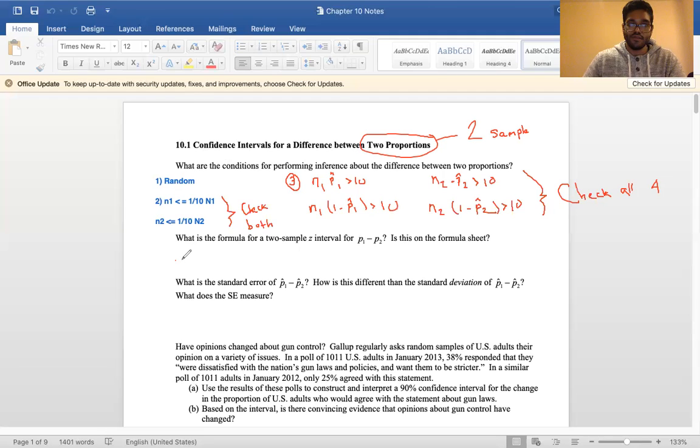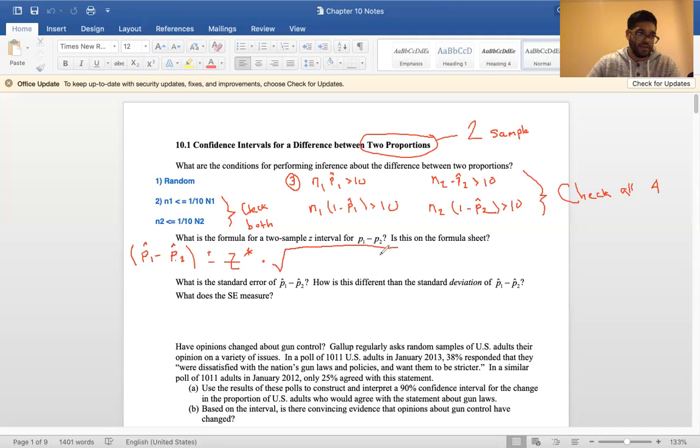So what is the formula for a two sample z interval? For p1 minus p2, you're going to have your statistic, p hat 1 minus p hat 2, plus or minus your z critical times the square root of the standard deviations.